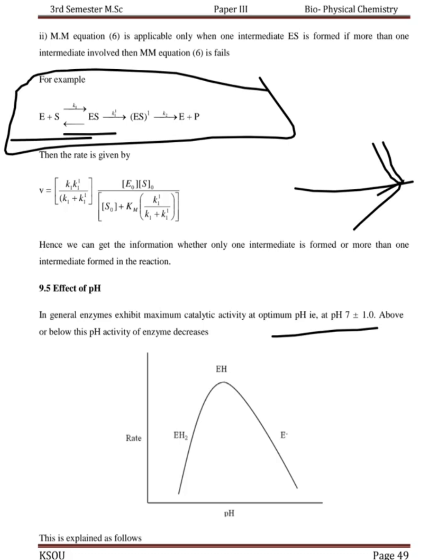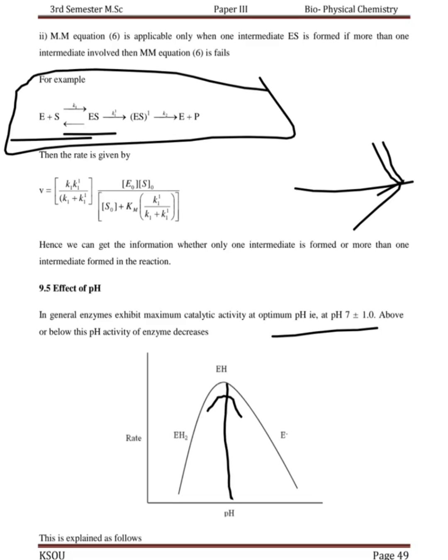What happens when the pH value of the substrate is increased? It reaches maximum catalytic activity. You can see the maximum.